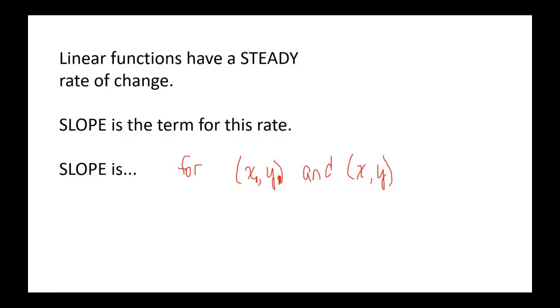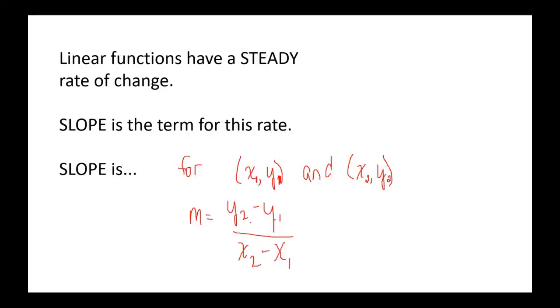That should be a 1 on both of those, and then a 2 on both of these, so that we can just tell the points that came from the first point or the second point, and the order makes no difference. If you put 2s on both of those and 1s on both of those, it'd be fine. So your equation, slope, is y2 minus y1 over x2 minus x1.